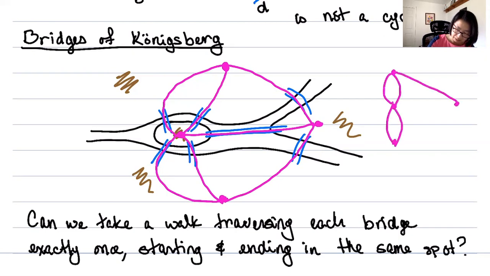And Euler's question is really, does this graph have a circuit using all of the edges?